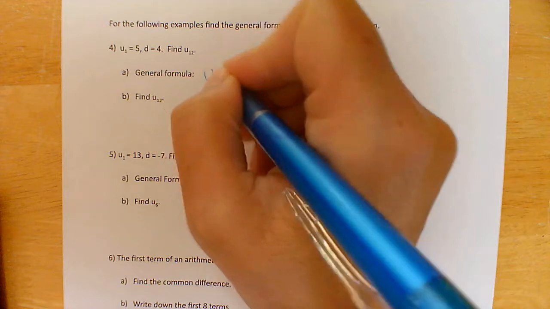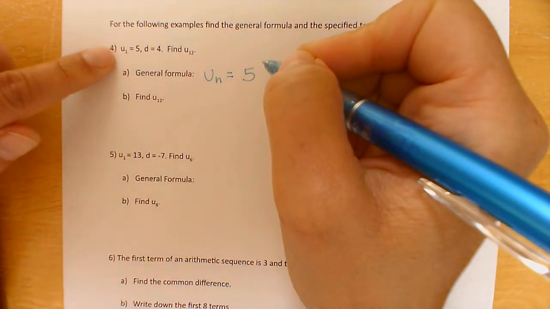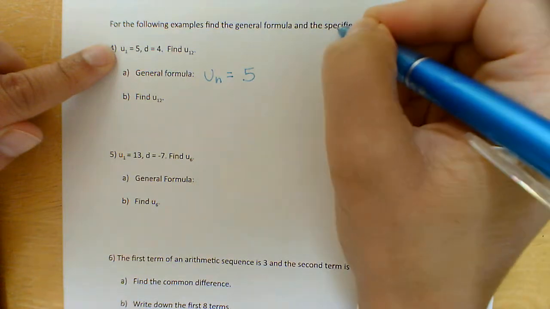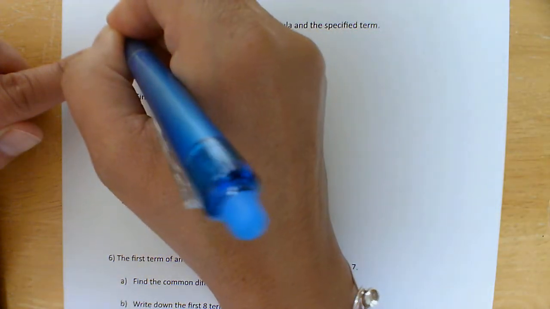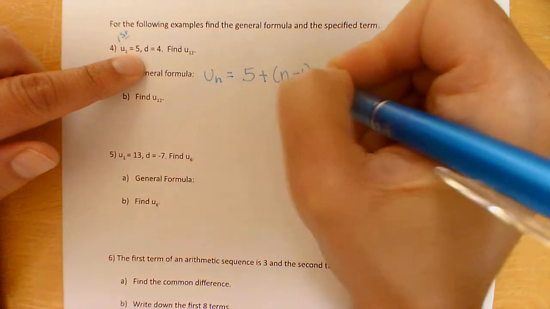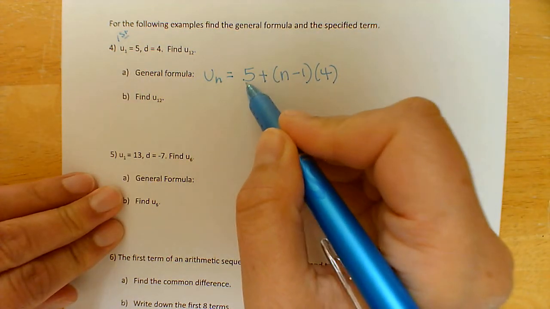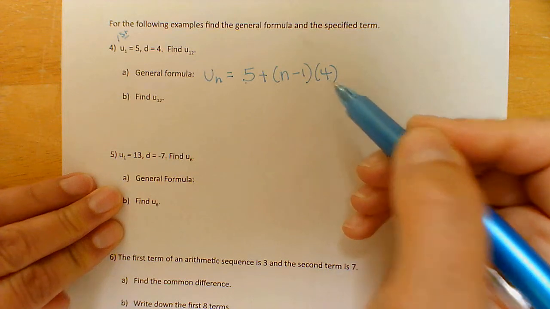So the general formula is going to be u sub n equals the first term, which is 5, because that's our u sub 1. So remember, the first term is u sub 1, that's the first. And our common difference is going to be 4. So here we have our general formula, substituting in the first term and the common difference.